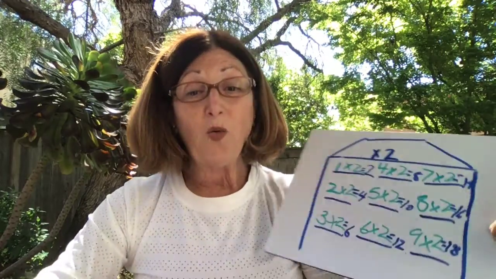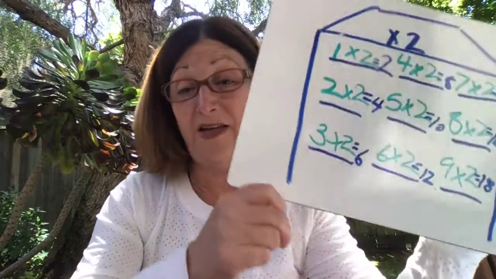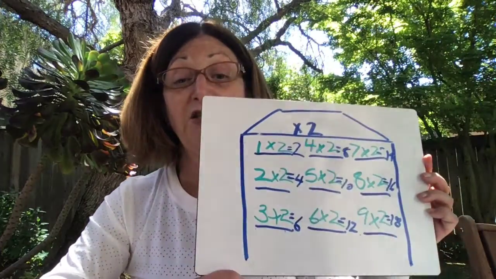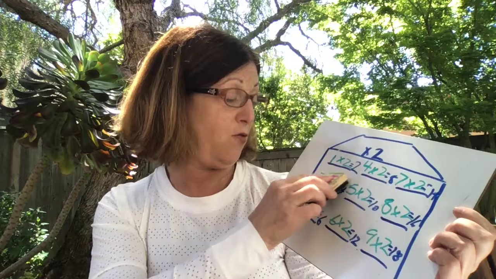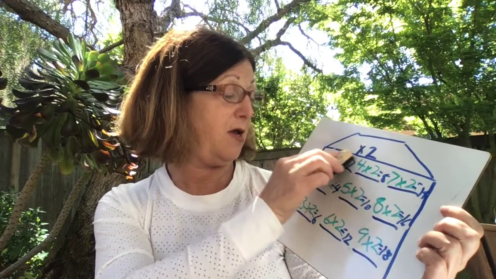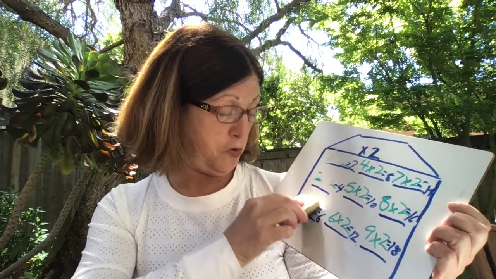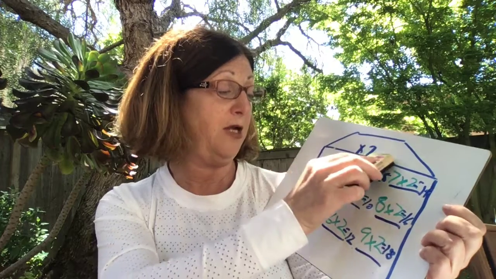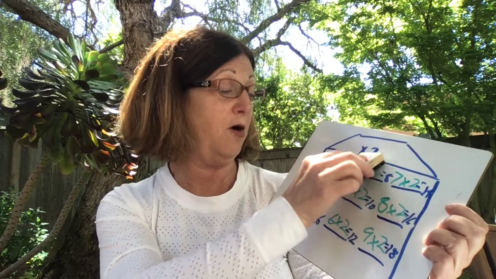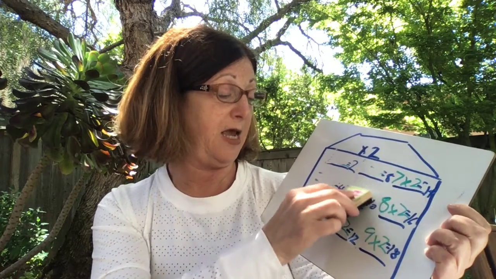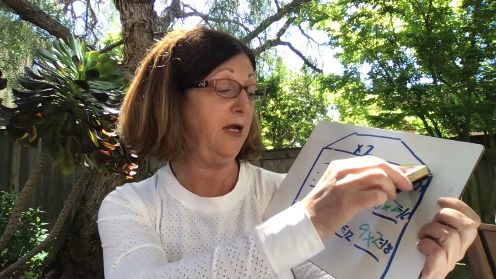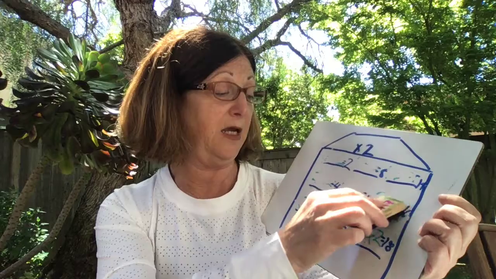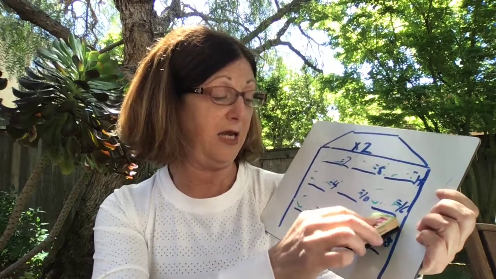And then we can do a lot of things to memorize these facts and to learn them. And then we can erase them and we can remember the answers in order. That would be 2, 4, 6, 8, 10, 12, 14, 16, 18.